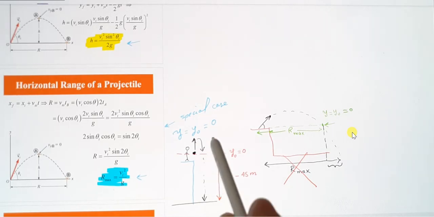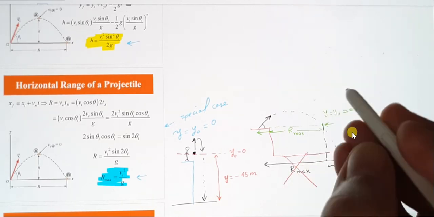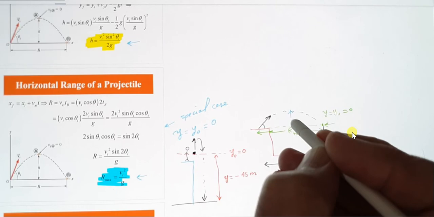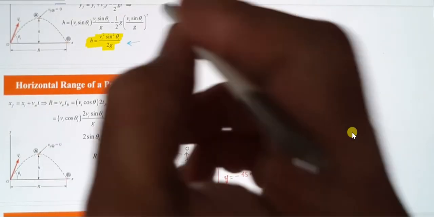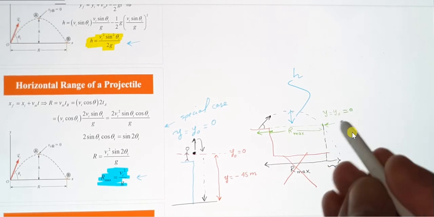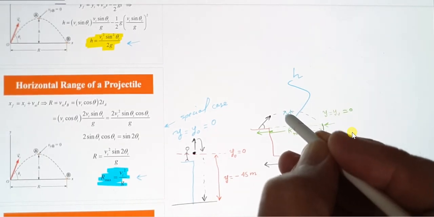Also for maximum height, well, you can find this as maximum height using this equation, that is h. But if we are interested relative to the ground, you'll be in deep trouble.